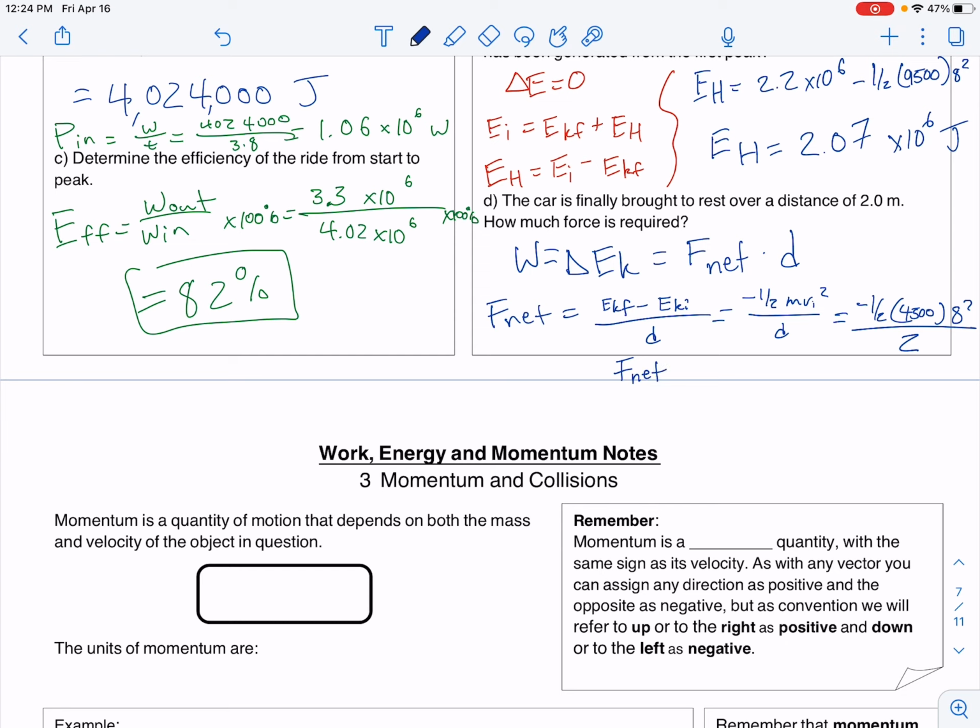My net force is going to be negative, indicating the direction, 7,200 newtons.